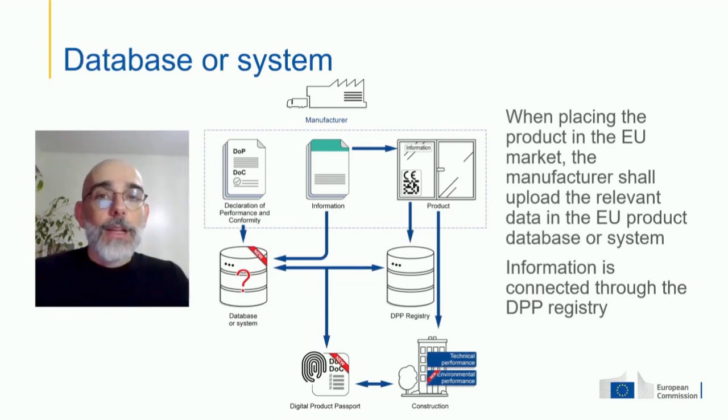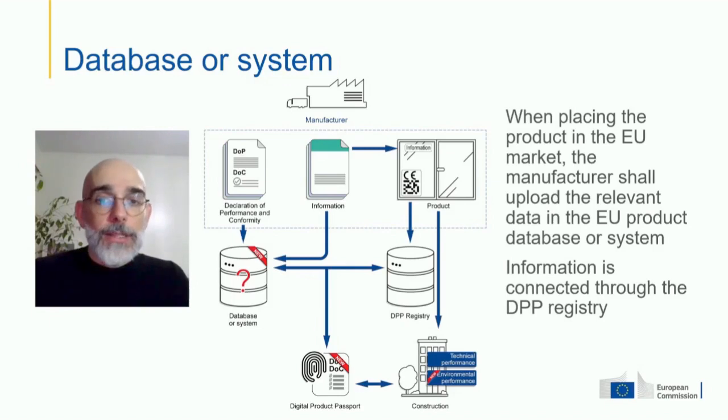You have the data carrier that will be in the digital product passport registry. In our original proposal, we didn't have a clear picture of how the system was going to work, but in practice, we're now discussing the implementation of the digital product passport registry as part of the construction products regulation.